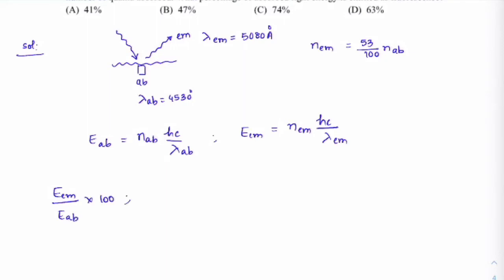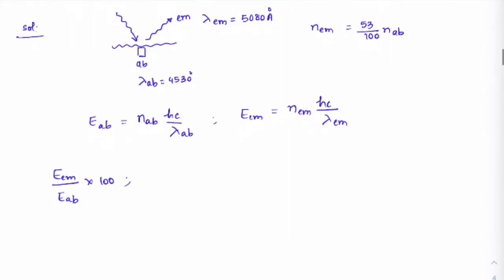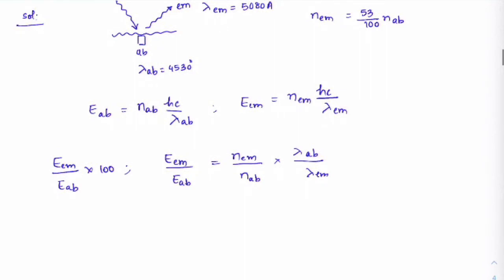Right. So to identify this, I can take the ratio of E_em by E_ab, and you would see that it is N_em by N_ab into lambda_ab by lambda_em. So if you see the values here, what values are given?